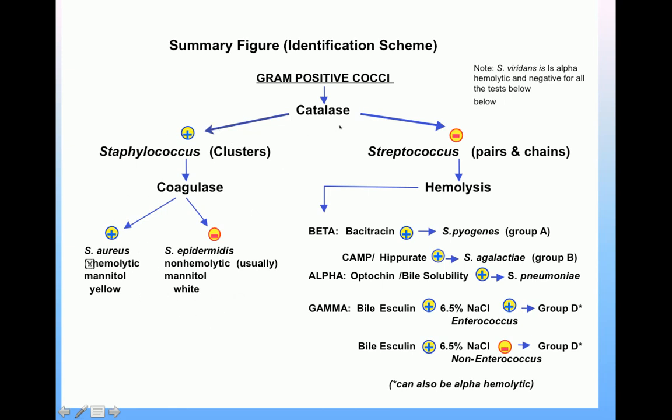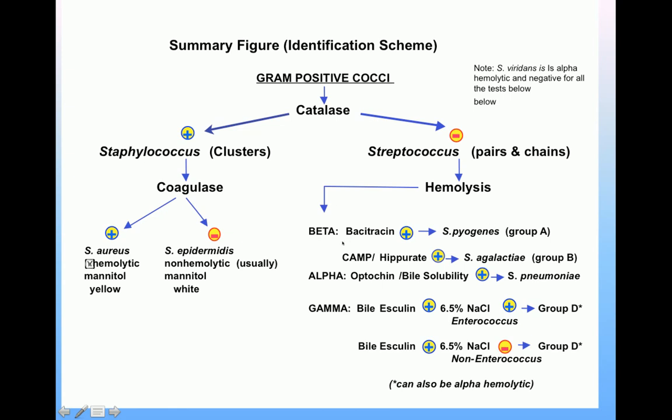Now, talking about catalase negative gram-positive cocci, which are streptococci. The streptococci have been classified on the basis of their hemolysis. They can be beta hemolytic, alpha hemolytic, or non-hemolytic. If they are beta hemolytic and bacitracin sensitive, which I've told you is an identification test for Strep pyogenes, then we label this organism as group A streptococci or Strep pyogenes.